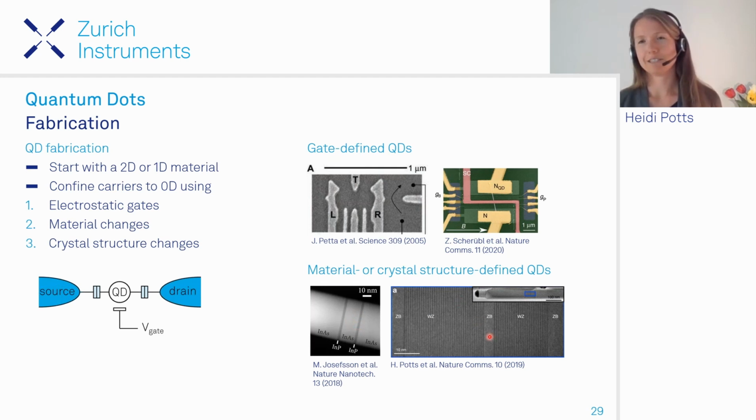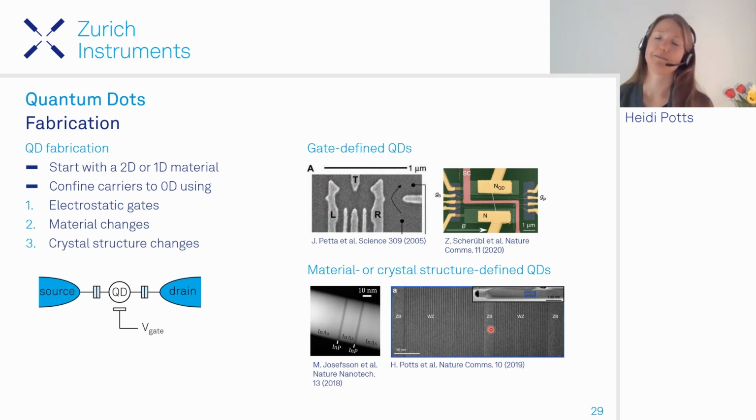On the right here, you can see a somewhat similar approach. In this case, it's also an indium arsenide nanowire, but the potential barriers here were created by changes in the crystal structure. The crystal structure of this indium arsenide nanowire is mostly zinc blende, but now two sections of wurtzite crystal structure have been inserted, and there's a small zinc blende section in between.